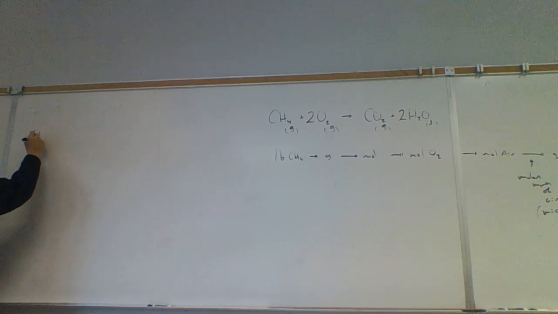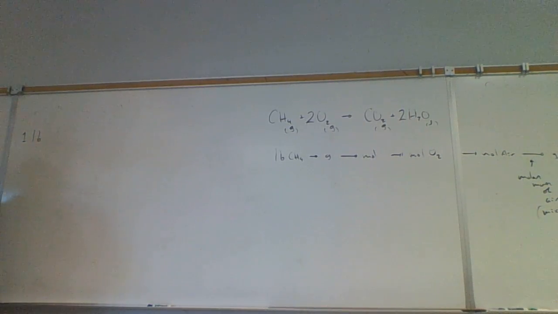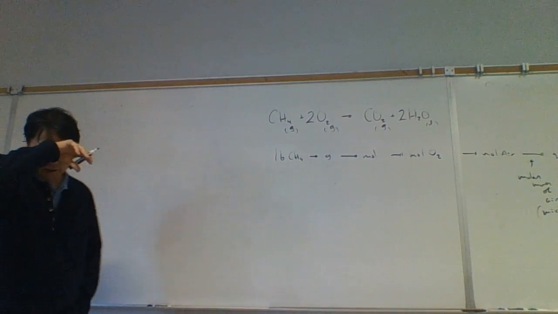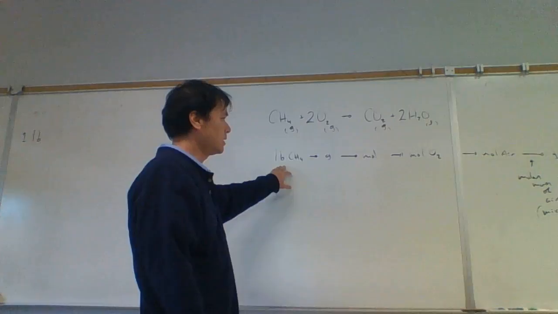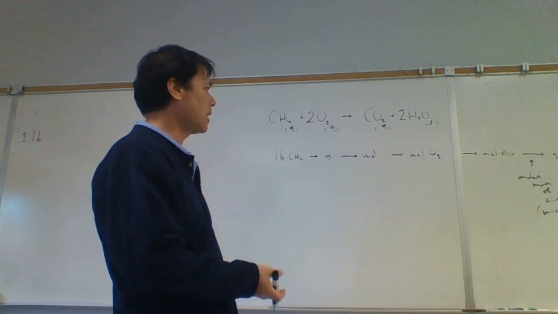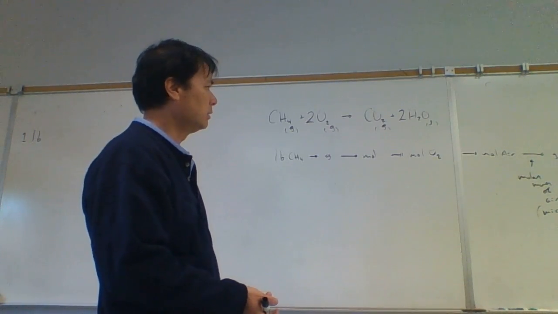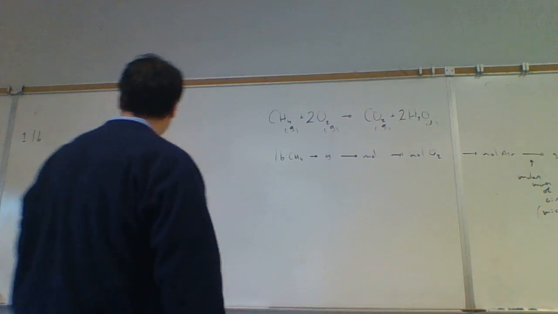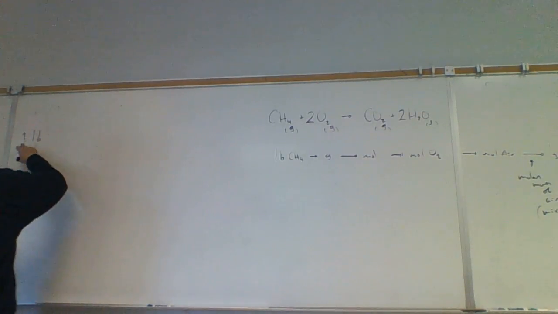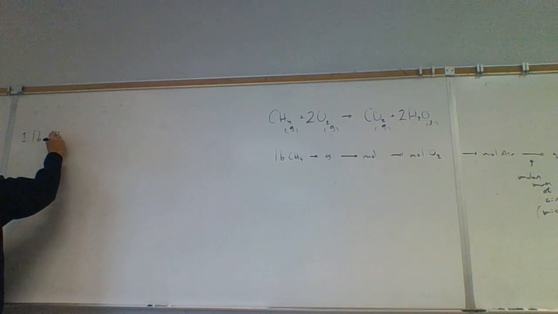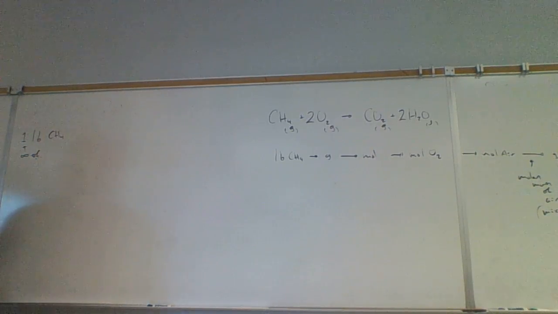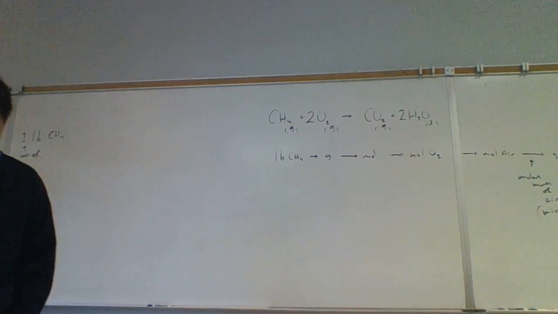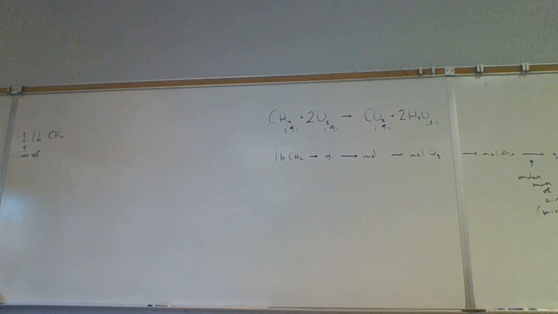Well, this is kind of a hypothetical type problem, so it could be exact. I'm not going to call this 1 sig fig. I'm just going to say infinite sig figs. For exactly 1 pound of methane, approximately how many pounds of air do I need? So here, exactly 1 pound of methane. I'm just going to go with infinite sig figs here. I don't want to round it too heavily.